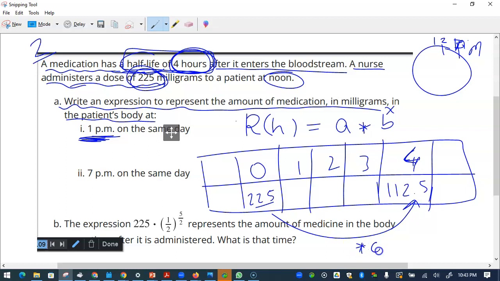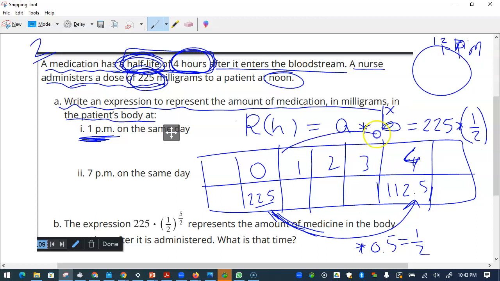Half means 0.5. So when you ask what factor is multiplied, half-life means from here to here that's the decay factor. So the b in the formula becomes half. It was 225, and then multiplied by the factor, half, raised to the number of hours. Here, it is every 4 hours that it becomes half.